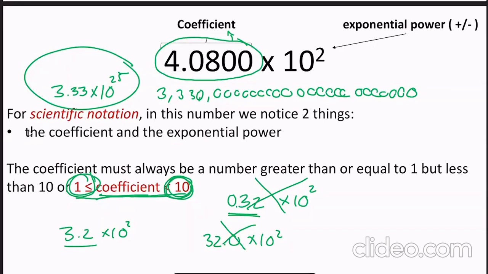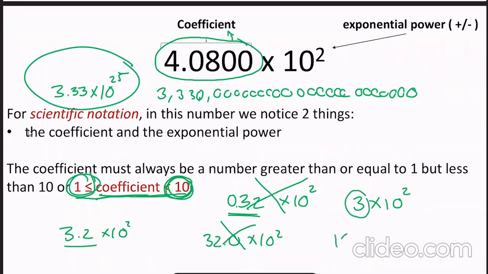And then we can come across this here. 3 times 10 to the 2. Is this scientific notation? Well, let's see. Did I meet the rules here? Here's my coefficient.